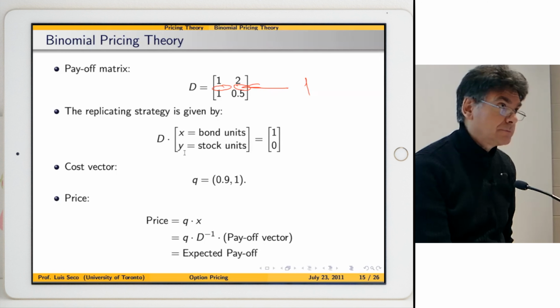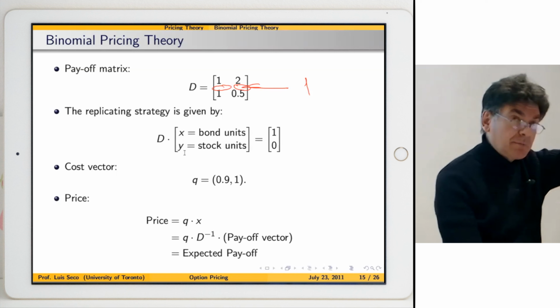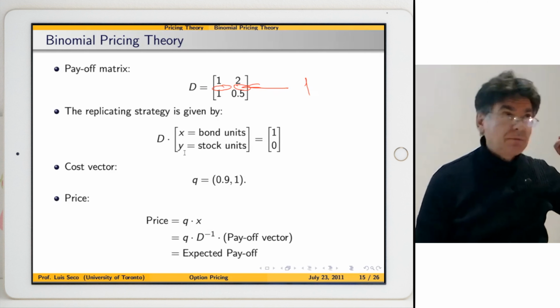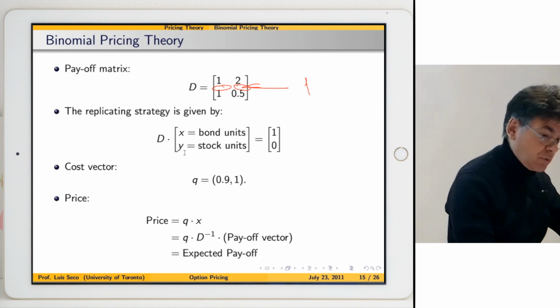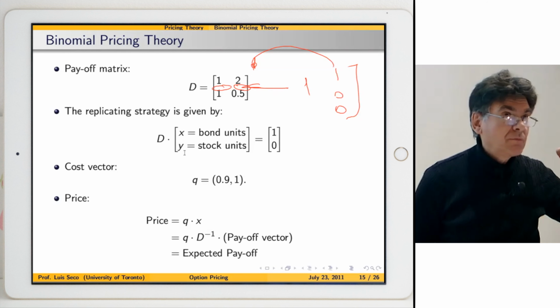But I tell you that we're still trading the option at 50 cents. What happens when I say that? What happens is that this matrix suddenly has a new column, which is 1, 0, 0. That column is added right there. You see? Now we have a 3 by 3 matrix.